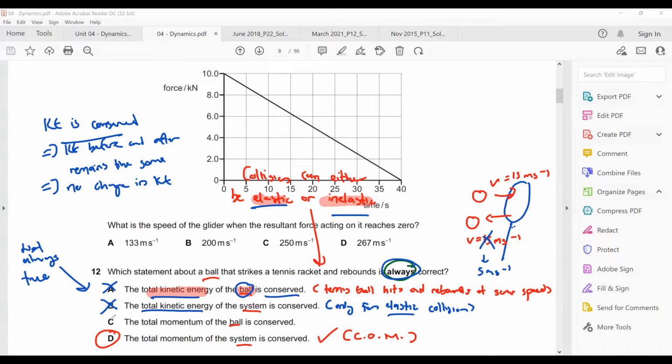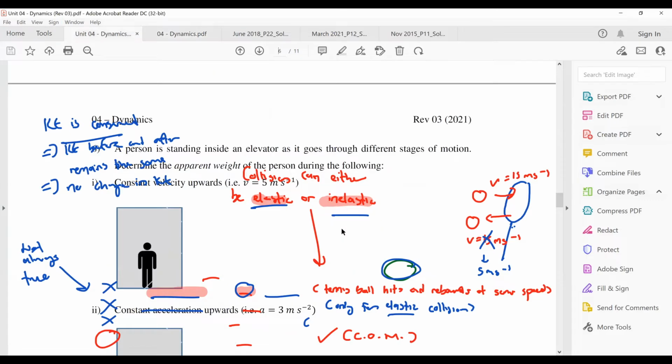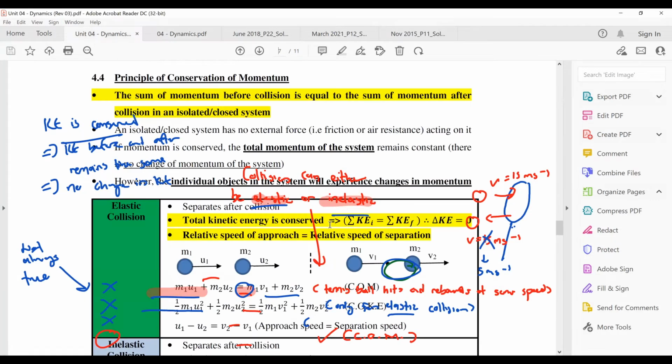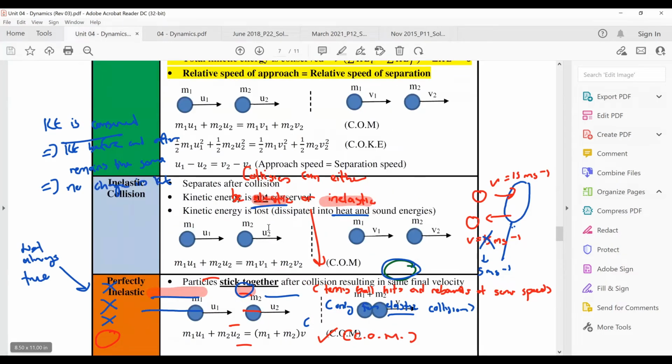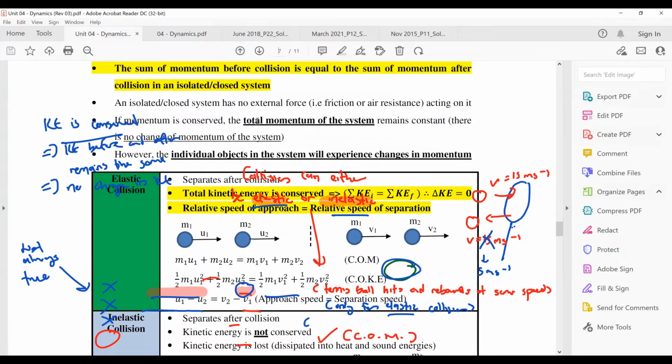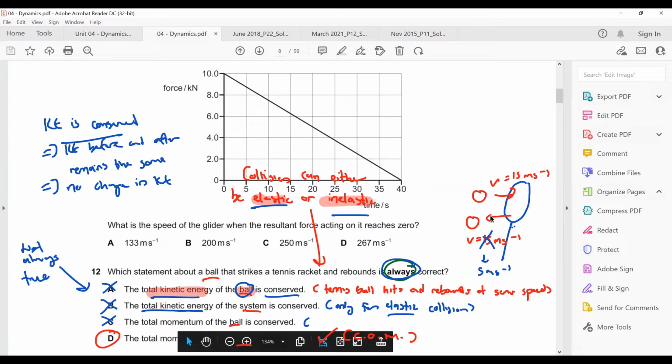This one is also not true because, as I mentioned to you last time when I talked about this part of your notes for dynamics, remember I gave you some little diagrams on the left side here. I mentioned that the total momentum of the system will be constant, but the individual objects in the system will experience changes in momentum. So here, your ball is actually just one part of the system. Its momentum can change.